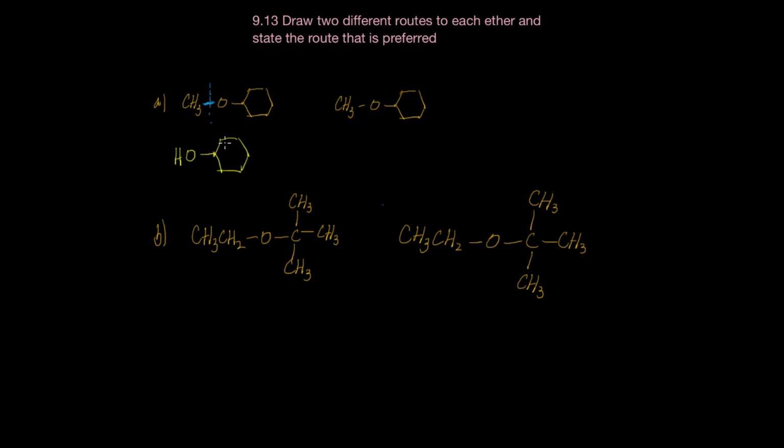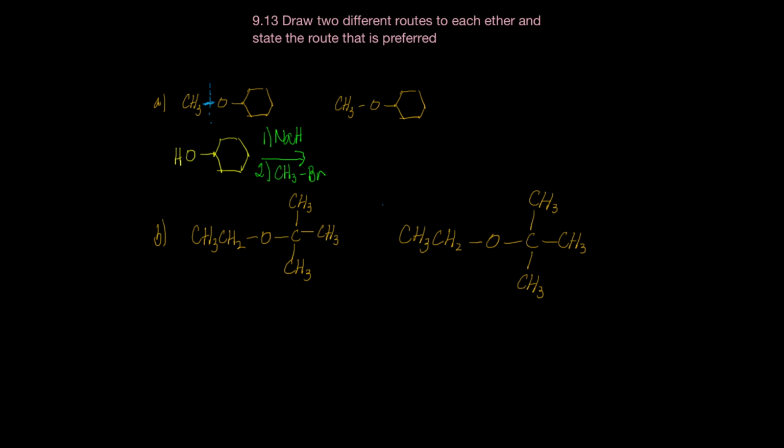What we can do is first treat this with sodium hydride to make the alkoxide, and then we can treat that with CH3Br. Okay, that's one way. It'll make this compound. I've just copied and pasted it.